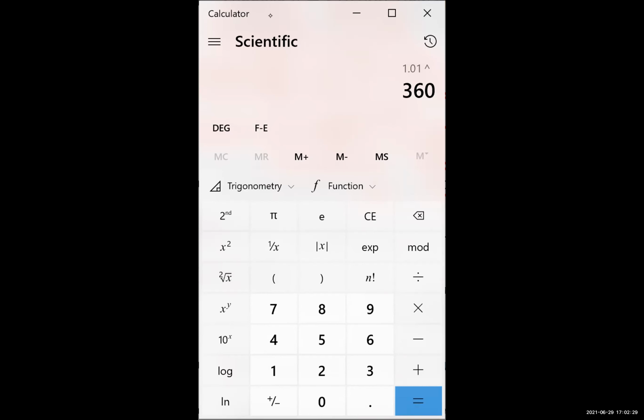And then we hit equals, and that is 1.01 raised to the 360th power. We multiply this by 10,000 to get that answer, which is $359,496.41, right?